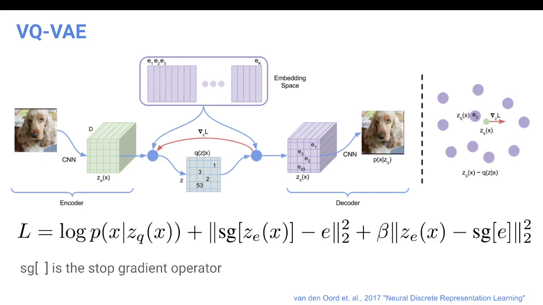To ensure the embedding table and the encoder representations stay within the same numerical range, you have the commitment term, the third term in the loss function. Here SG is a stop gradient operator, so that you have stable learning, updating the different components of the model independently.